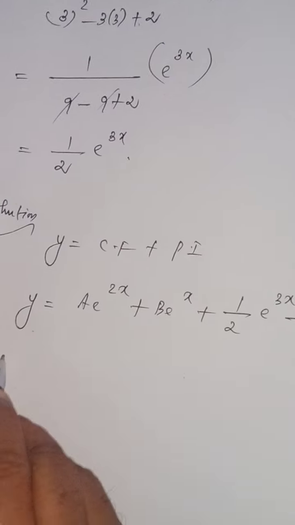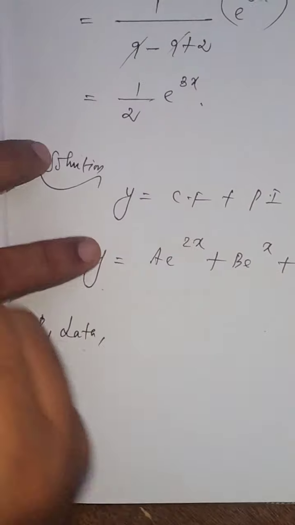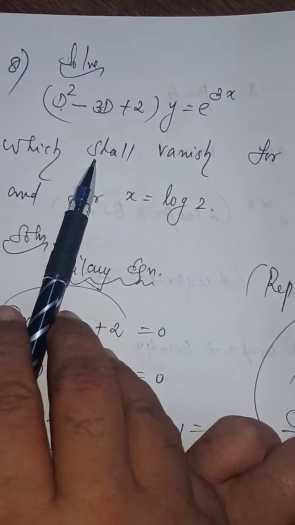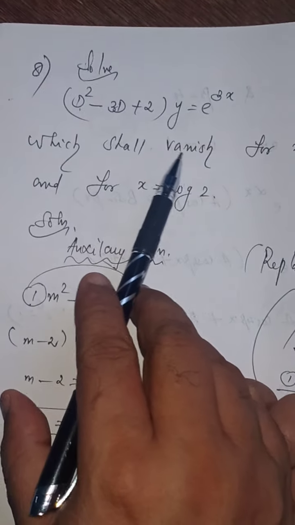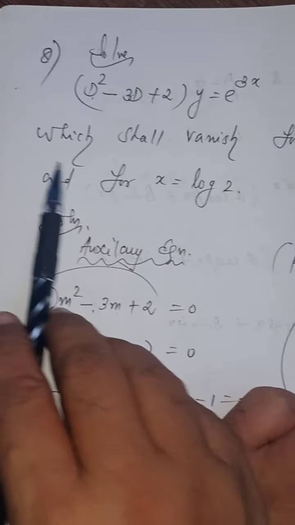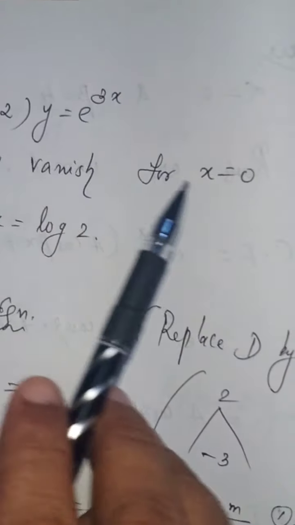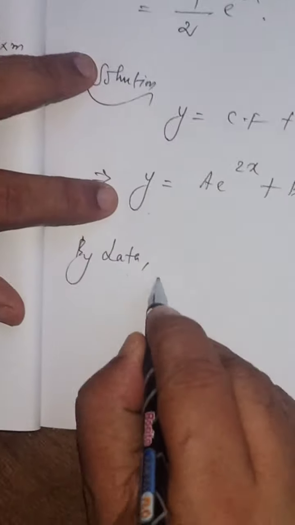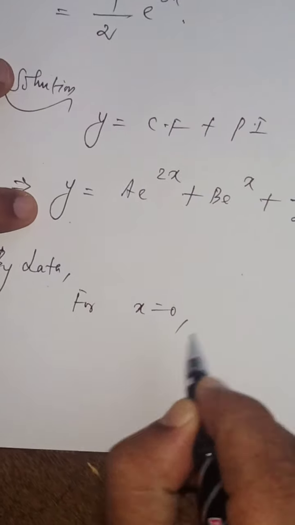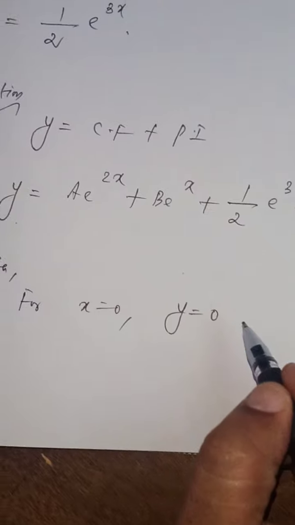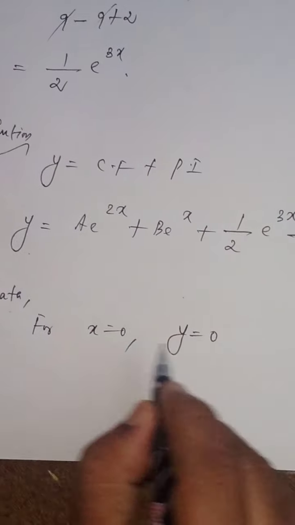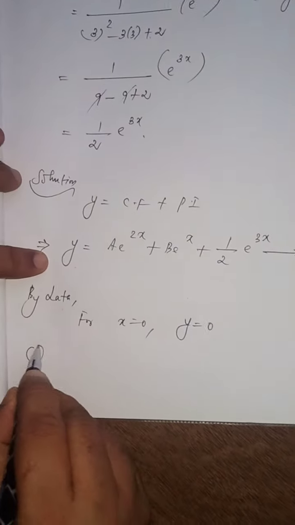By data, what is given, which shall vanish means y is equal to 0. That is the meaning of vanish. So, y equal to 0 for x equal to 0. Substitute these two values in equation number 1.